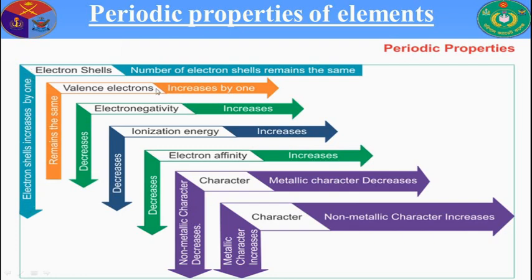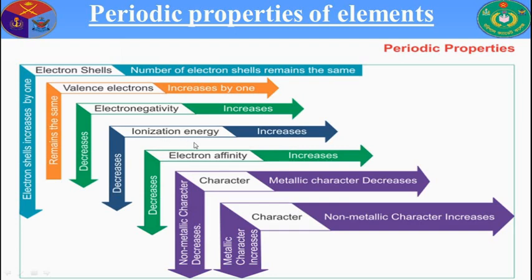Valence electrons increase by 1 from left to right and remain the same from top to bottom. Electronegativity increases from left to right and decreases from top to bottom.